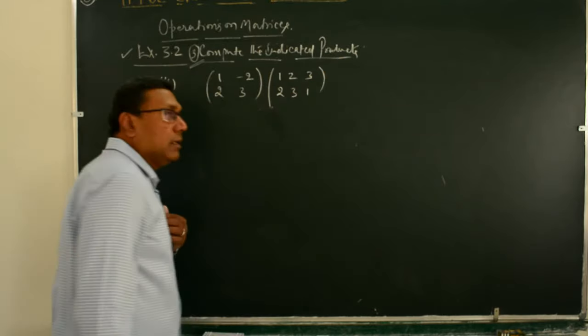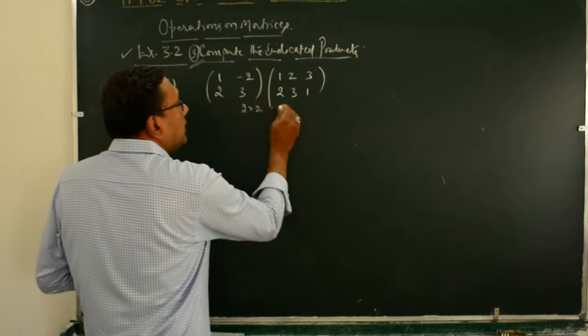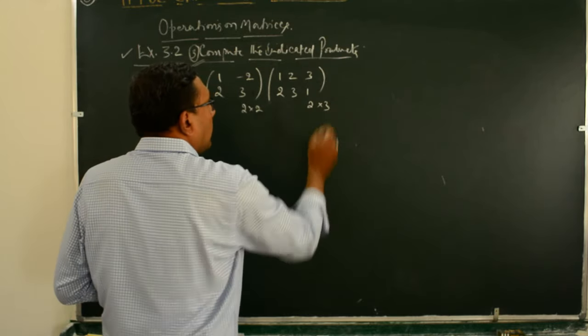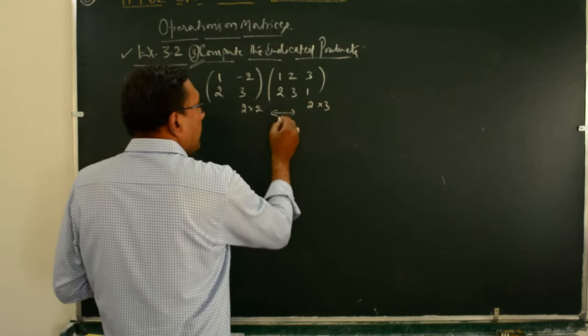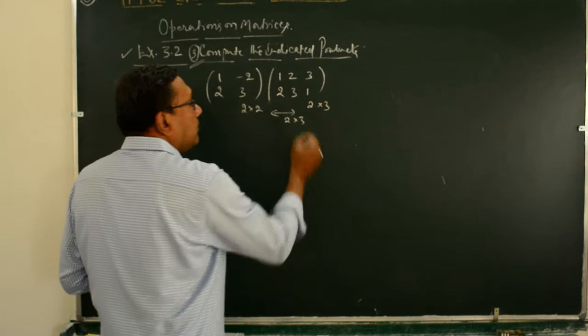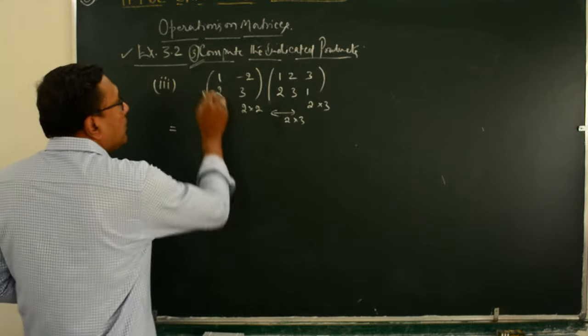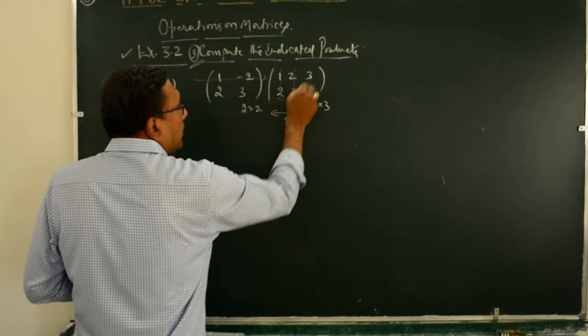Here the order of the first matrix is 2 by 2 and the second matrix is 2 rows and 3 columns, 2 by 3. Hence the resultant will be 2 by 3. Right? Let us do the multiplication using the same principle. First row into first column, second column and third column.